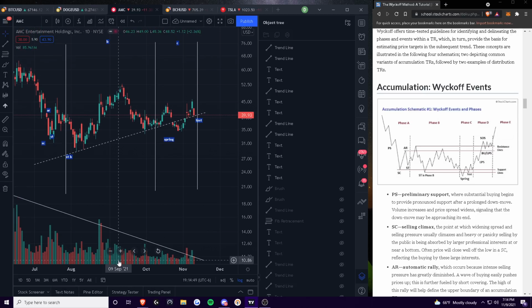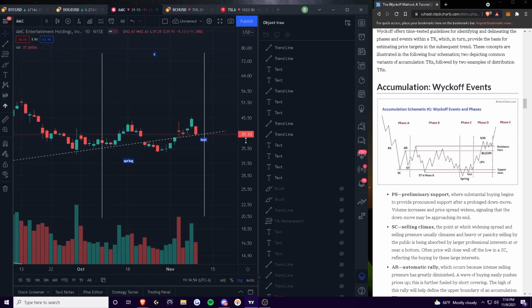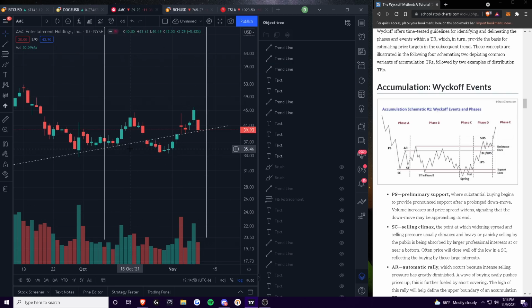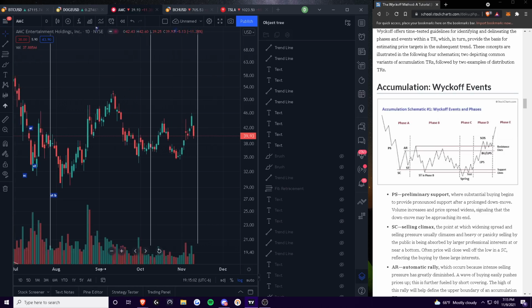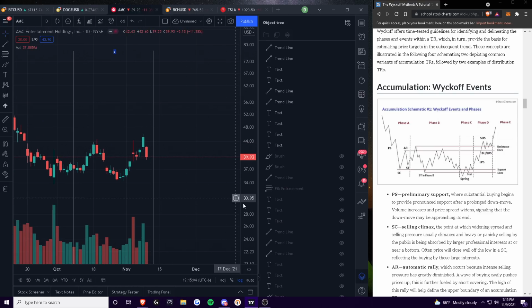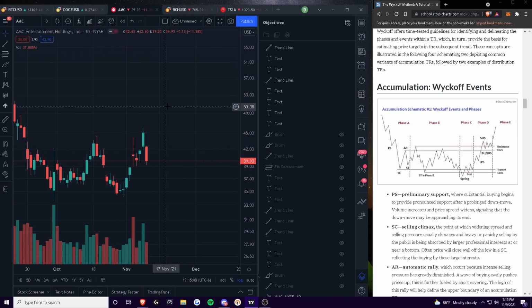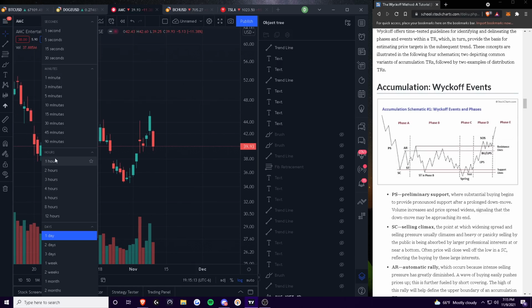And I know that we talked about the shorter term accumulation. Let's look at that right quick, because that'll be a good way for us to guide ourselves. So if we look at the accumulation schematic, but from this perspective where we zoom in, let's go down to the hourly chart.